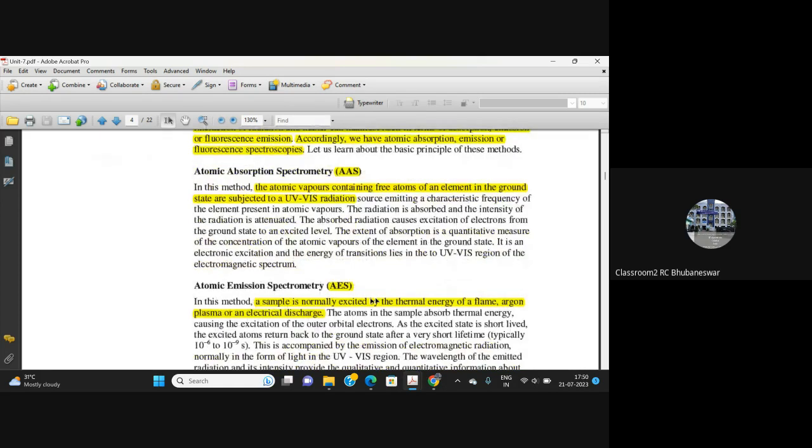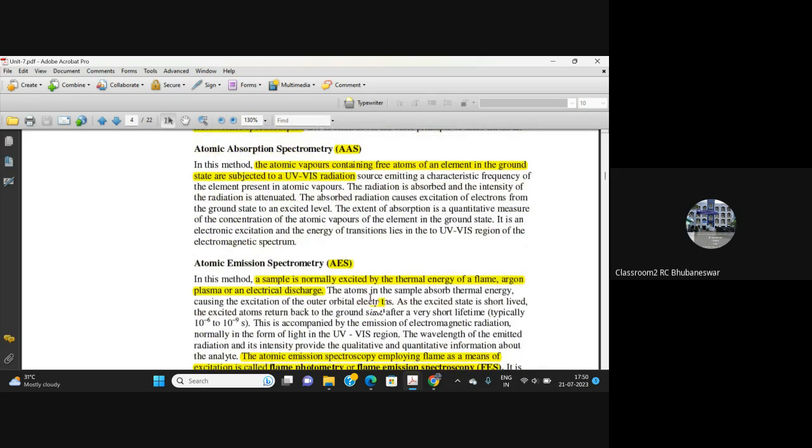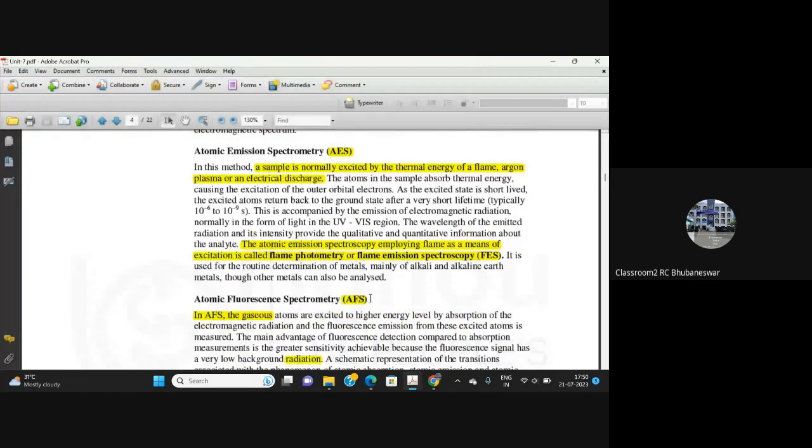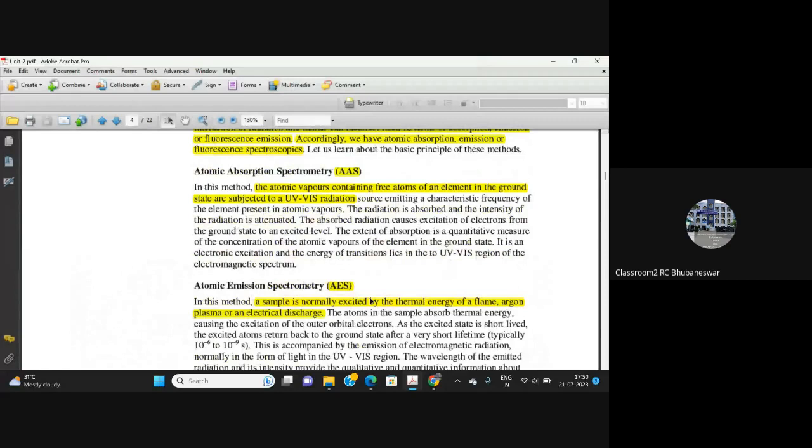So these are the normal processes involved here. But in subsequent units, there is a complete description of AAS, AES, and AFS. These are all one unit for you in the next units. But here there is a glimpse of idea about these techniques. So atomic absorption spectrometry, what is that?